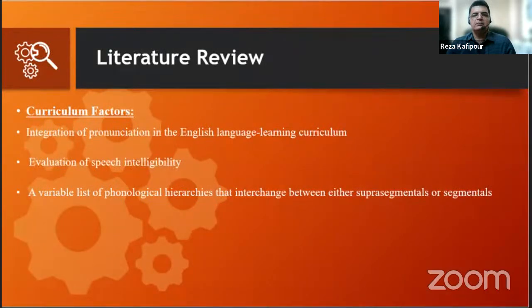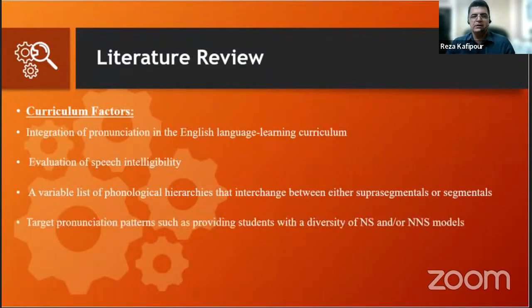The other one, a variable list of phonological hierarchies that interchange between either suprasegmental or segmental, as we explained before. And the next one, target pronunciation patterns, such as providing students with a diversity of native speaker and non-native speaker models. Setting practical objectives for students.